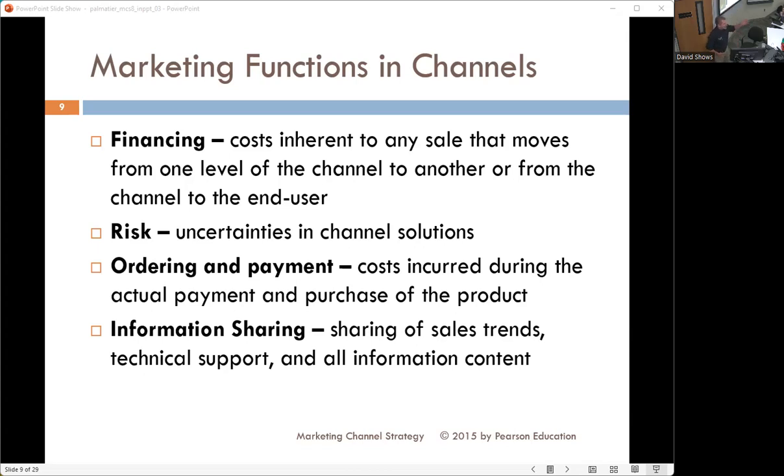Now, financing are all the costs inherent to any sale that moves from one channel member to another. But I want you to also understand the gravity of financing as well. I mean, financing is trust. Financing basically says that the seller is willing to finance the buyer for up to 30 days.